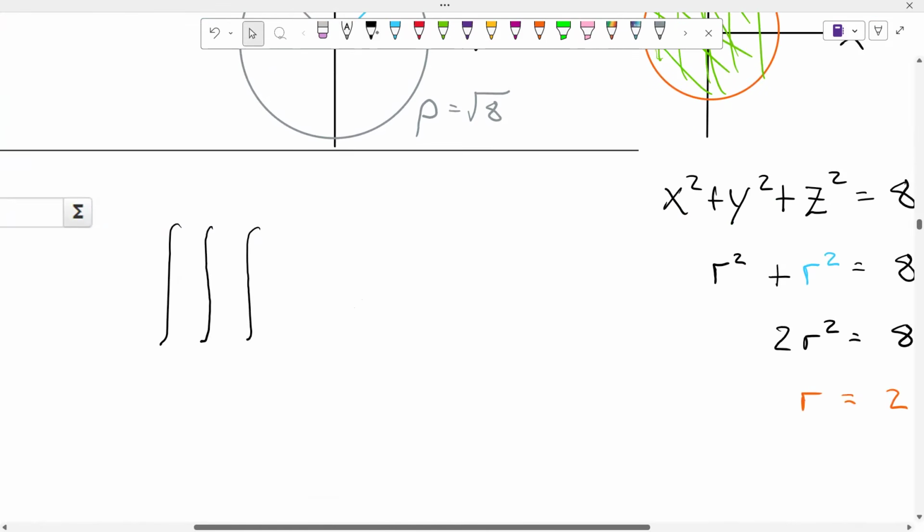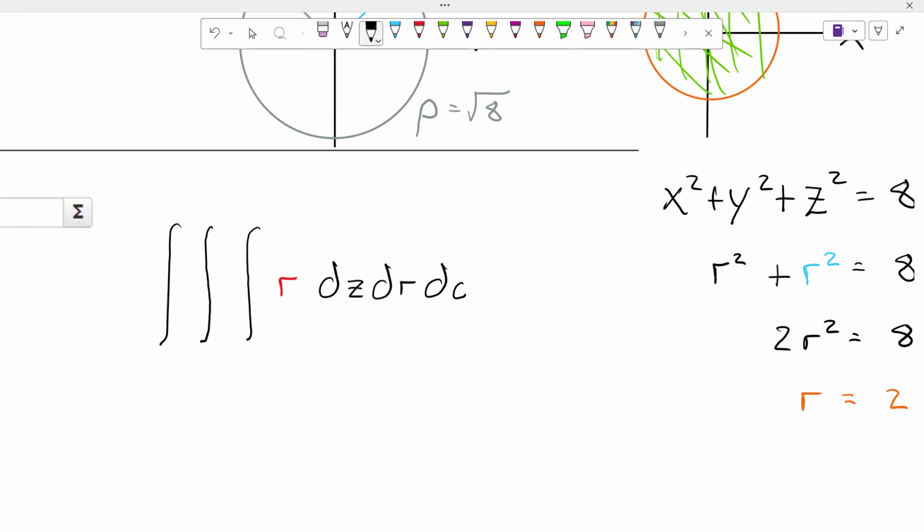But if we integrate dV in cylindrical coordinates, we need to multiply by our Jacobian. So don't forget to multiply by r. Again, it's on the formula sheet. So r, every time you do an integral in cylindrical coordinates, fill out the rest of this thing. dz, dr, d theta. And what do we have?